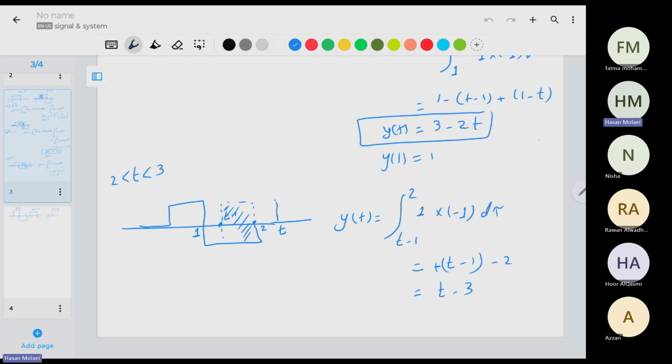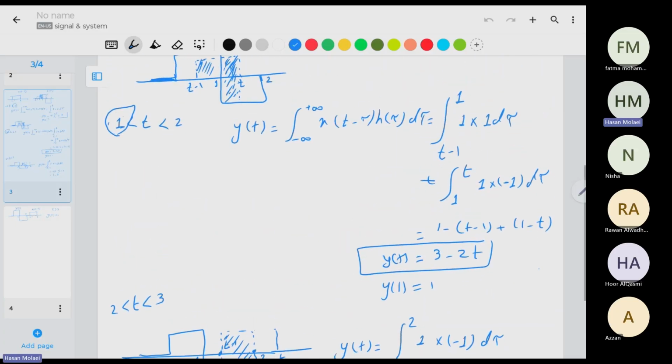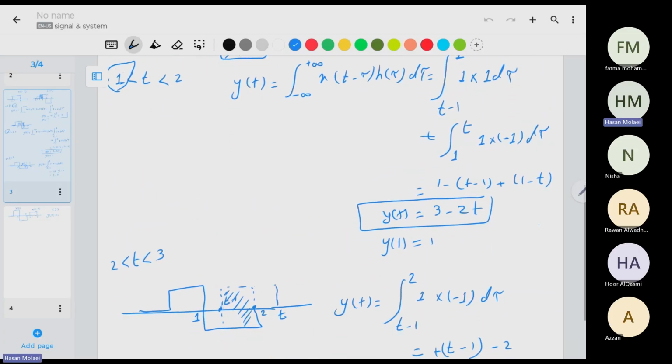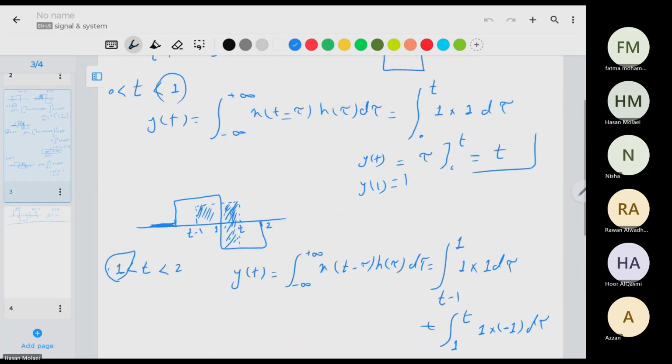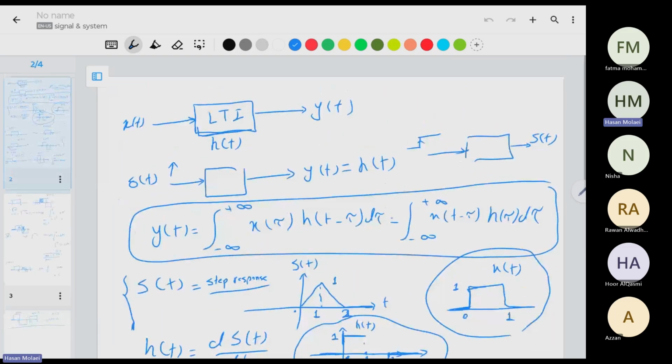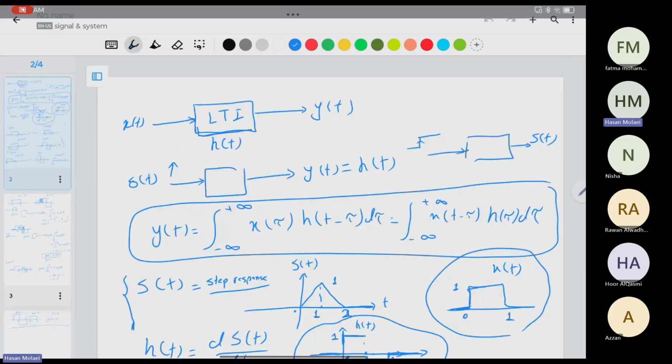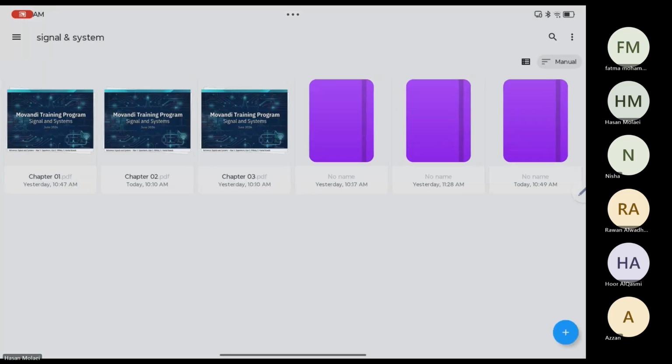So now we have y(t) for all t's, for all regions. That's the response of this system to one rectangular signal. That was what we had last session.